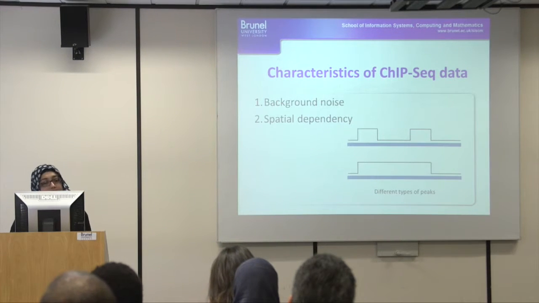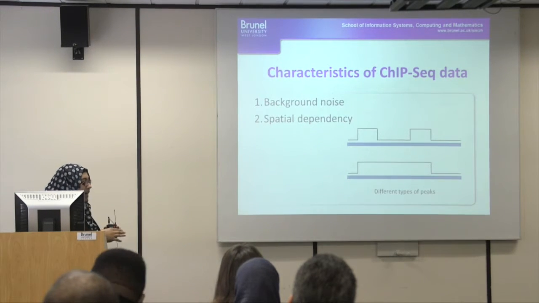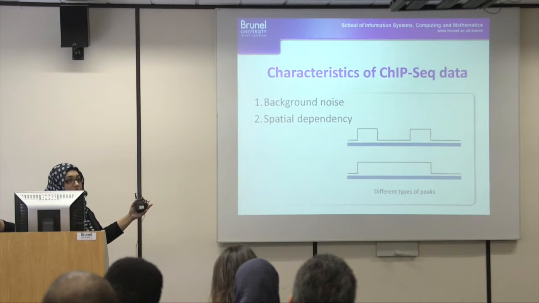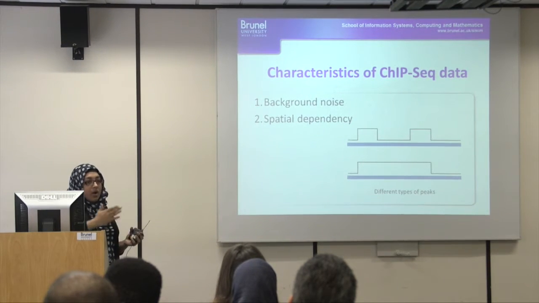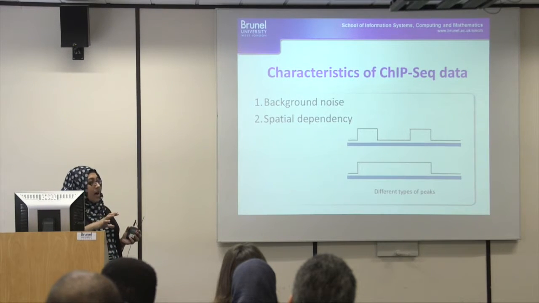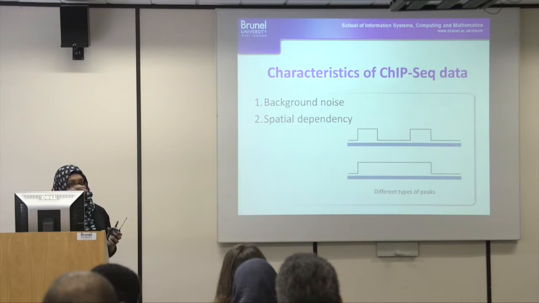Another thing is spatial dependency. As you can understand, our genome is like millions of base pairs long. So in statistical analysis, what most of the methods do is divide the whole genome into small bins or windows of fixed length, and then summarize the counts of sequences around those bins.